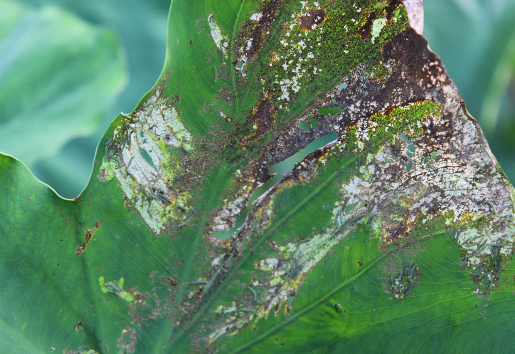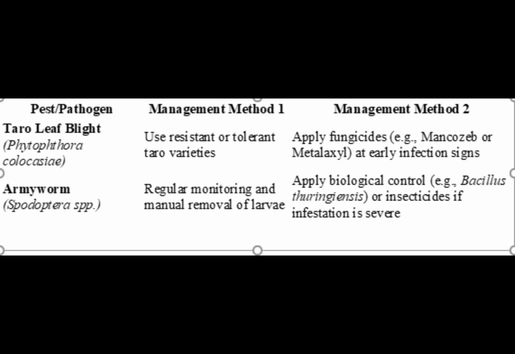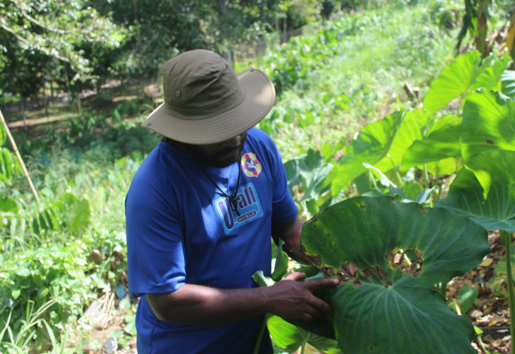For the management methods, firstly for the taro leaf blight or Phytophthora, the first method is to use resistant or tolerant taro varieties.